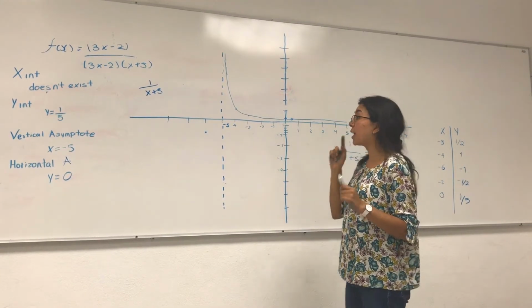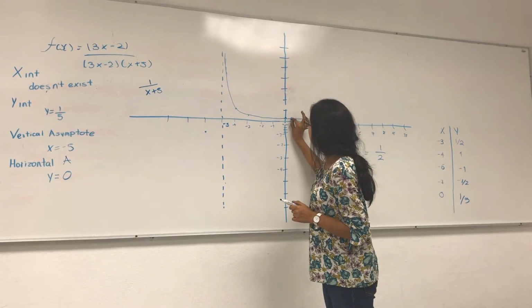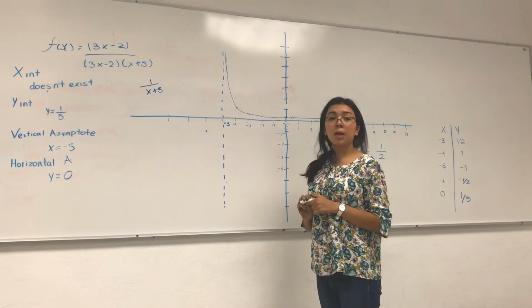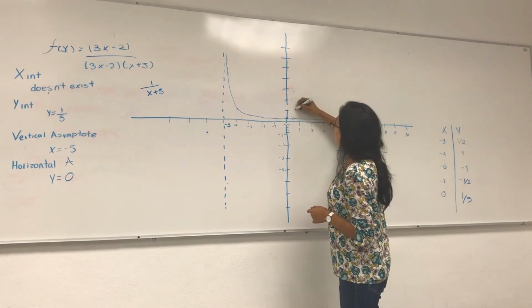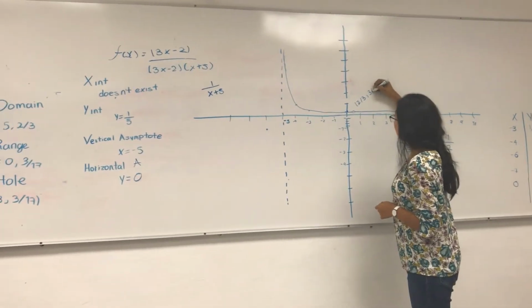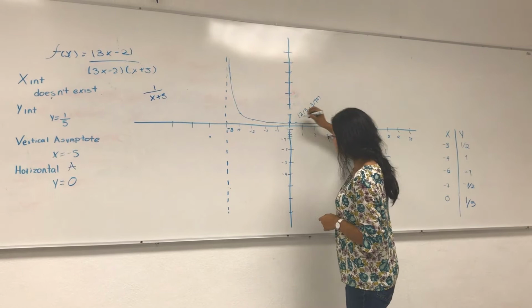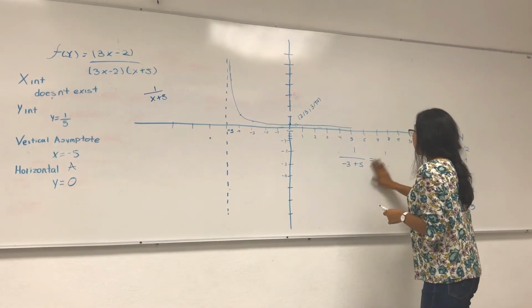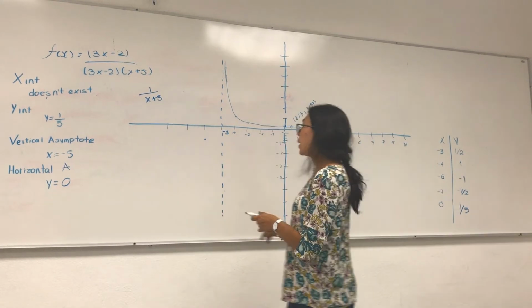But we have to be careful with this because we know there is a hole here. It's gonna be something like this, right? With a little hole there, which is 2 over 3, 3 over 17. The coordinates of it.